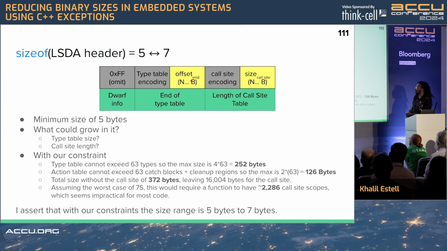Assuming the worst case of 7 times S or S plus 1, this would allow us to have 2,286 call sites, which won't happen because I also limited the number of call site destructor paths and catch blocks. So in general, no, your header's only going to be 5 to 7 bytes.